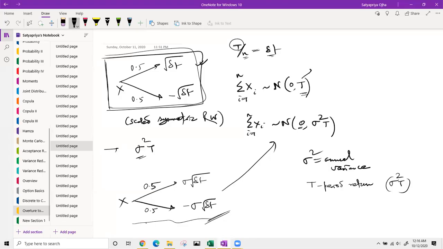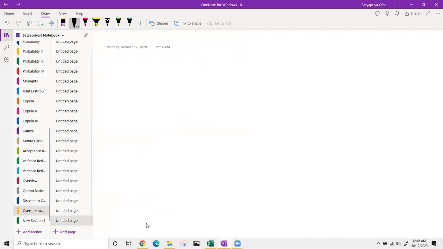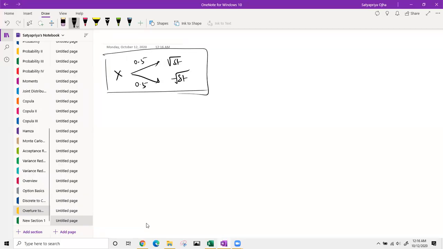Okay, so we will take that x, 0.5, 0.5 square root of delta t. This is going to be our engine for modeling randomness. If you want drift, you can adjust it here. If you want different variance, you can scale this guy. And if you want risk-free growth rate, you tweak these probabilities.